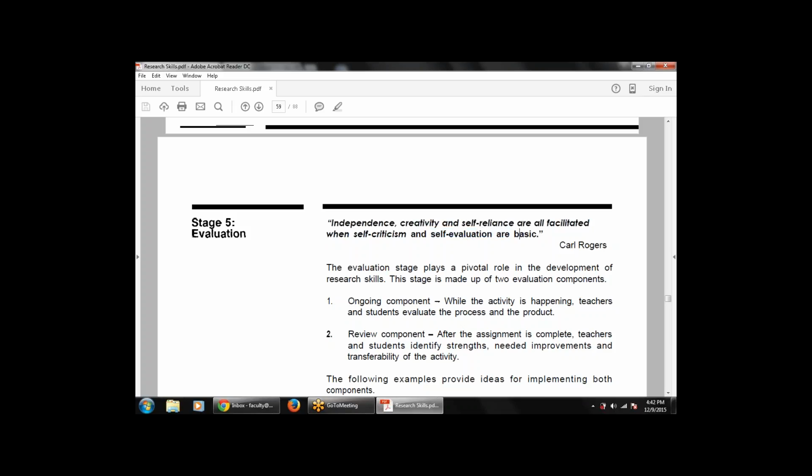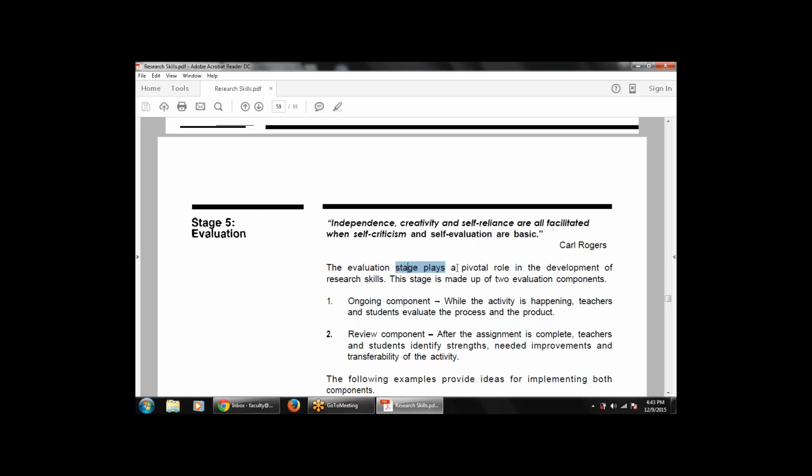So whenever you are independent and creative, and have self-reliance, these are all facilitated when self-criticism and self-evaluation are the basic. So when you are evaluating yourself, be focused on independence, creativity and self-reliance, which are parts of the self-criticism and self-evaluation given by Carl Rogers.